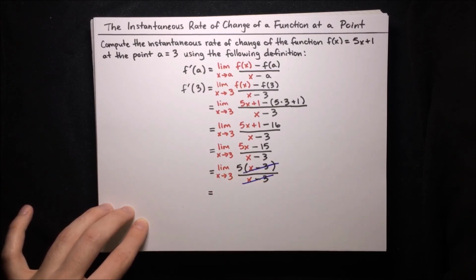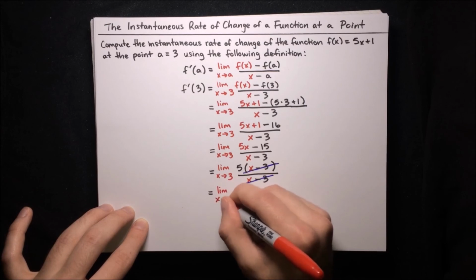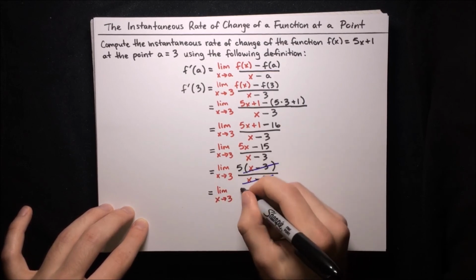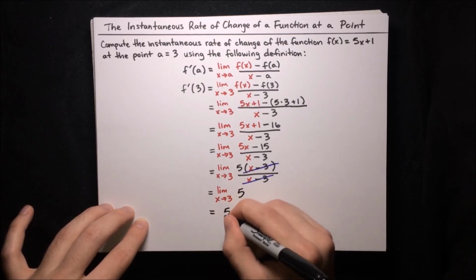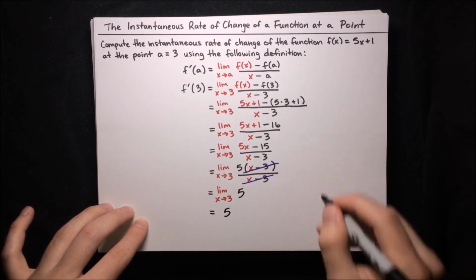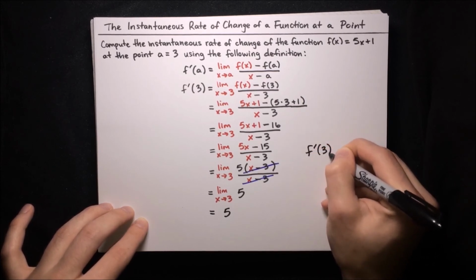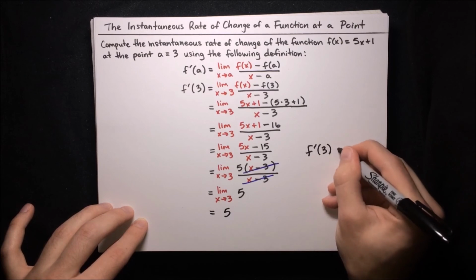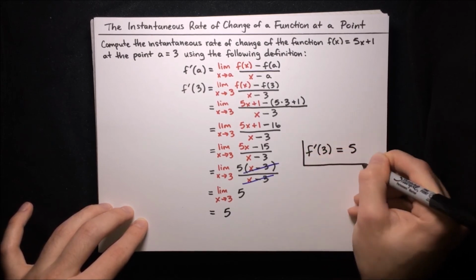So this is just the limit as x approaches 3 of 5, and that limit is, well, just 5. So there we go, we've got it. F prime of 3, the instantaneous rate of change of the function f at the point 3 is equal to 5. That's our final result.